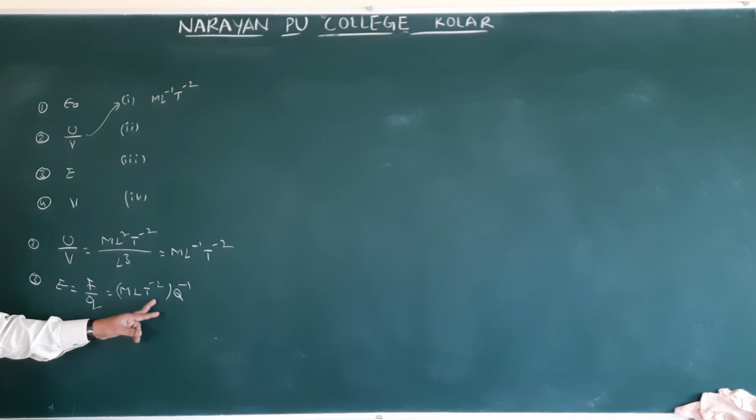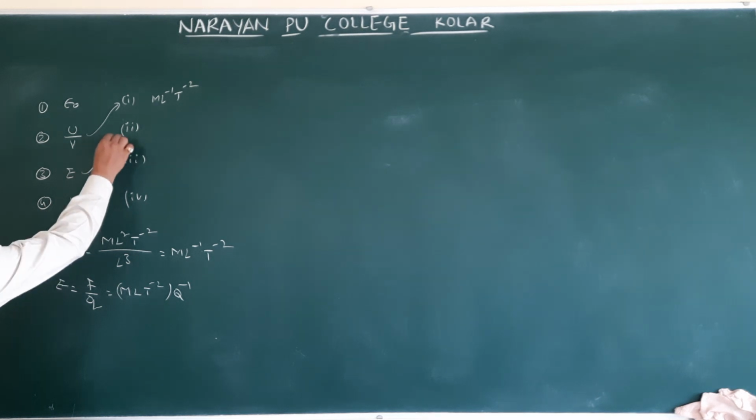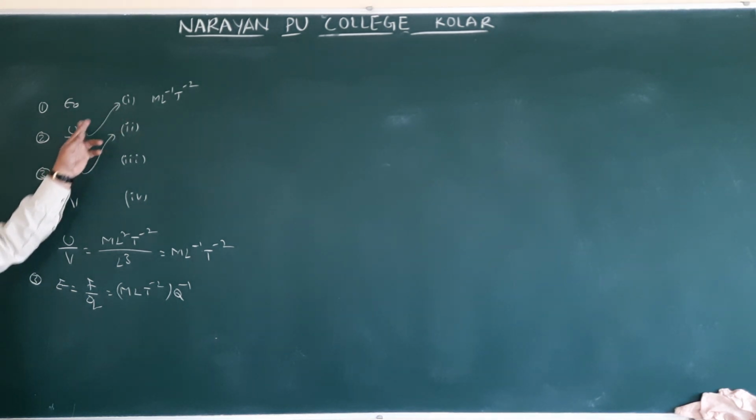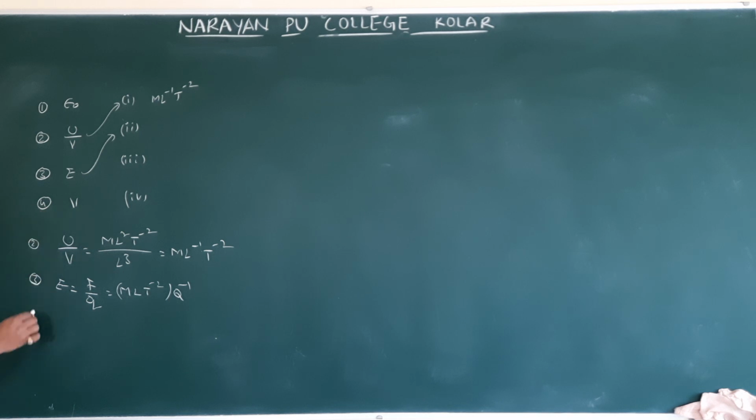You have to write the charge dimension formula: M L T power minus 2 Q power minus 1. Which option has it? C is matching with 2. But B matching with 1 is not there.